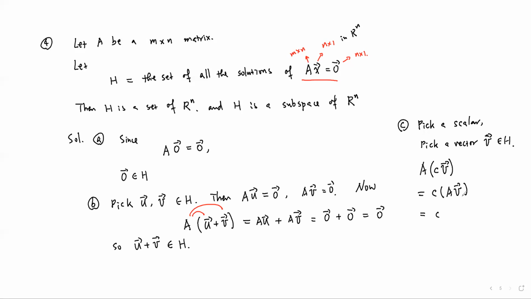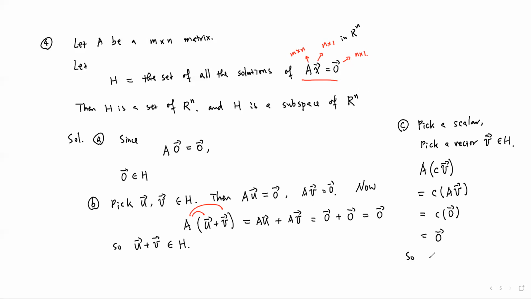But A times v, v from H, A times v is the 0 vector. So any number times the 0 vector is the 0 vector. Therefore, c v solves this equation.